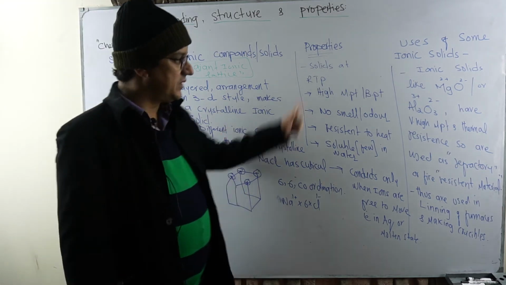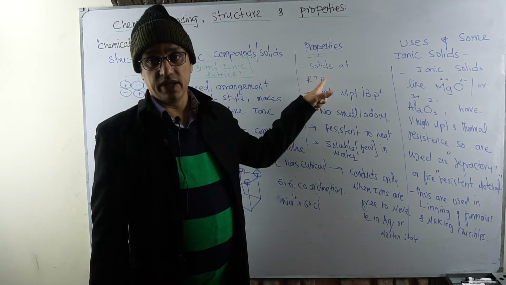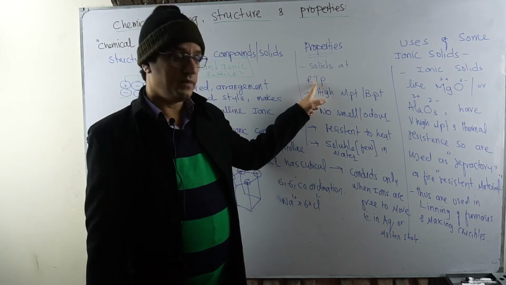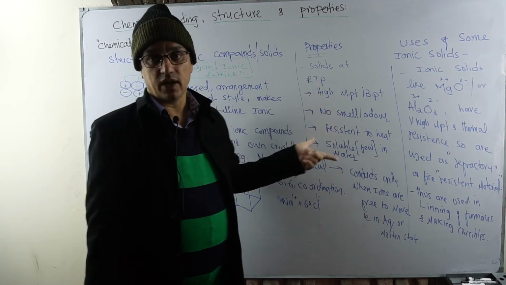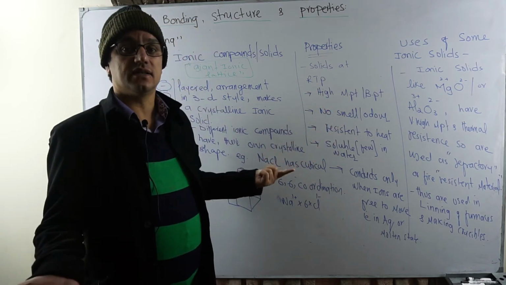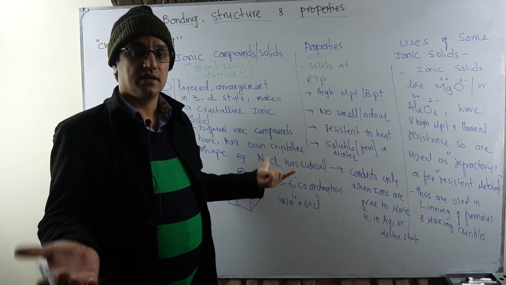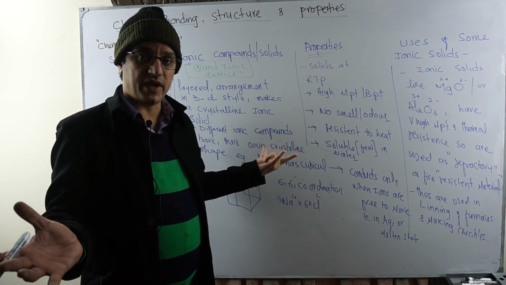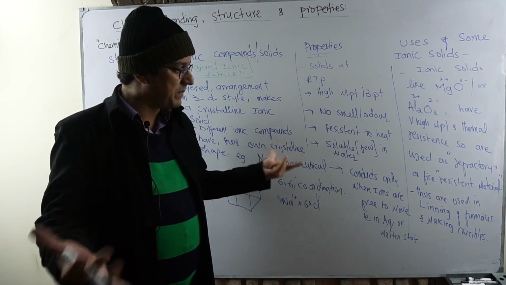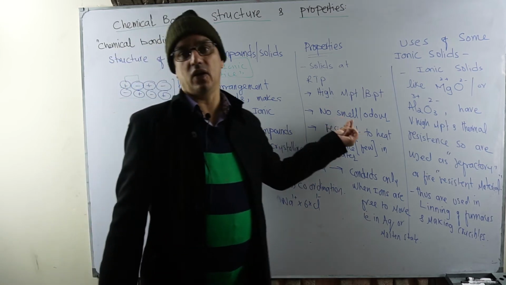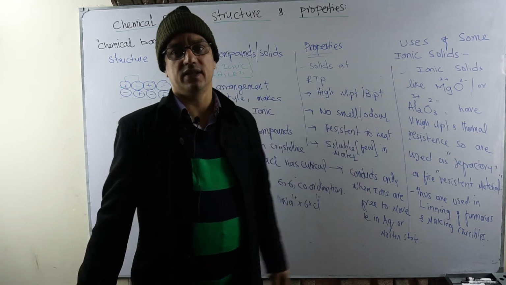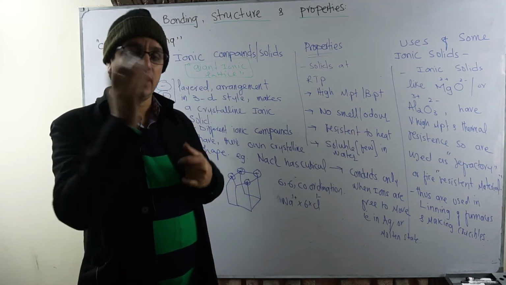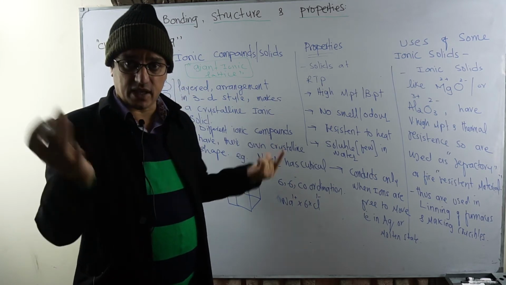So properties: they should be solid, they can't be liquid, they can't be gases at room temperature, RTP. High melting, high boiling, obvious because 3D lattices, giant lattices, locked in a crystalline fashion, high electrostatic forces operating. You need to melt, you need to separate that out. They should not have any smell or odor like covalent compounds vaporizing off, because they are locked in a lattice, they are not free, they are not evaporating, there is no surface escape.